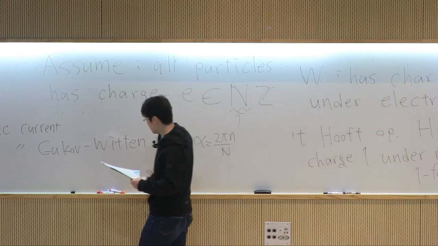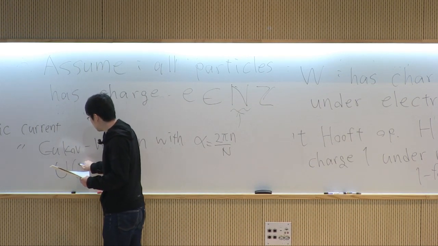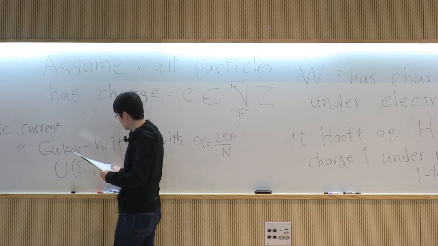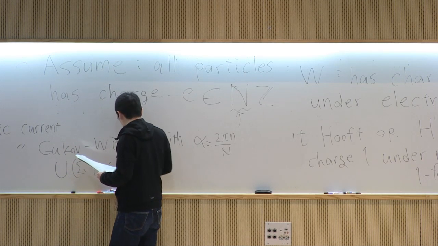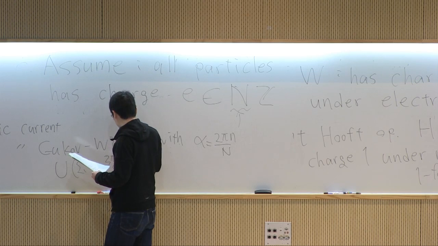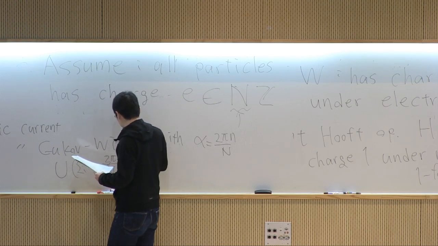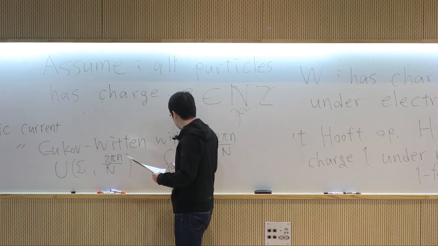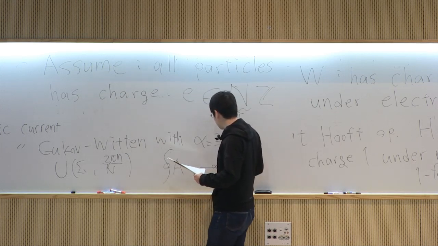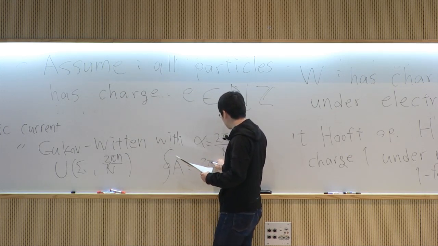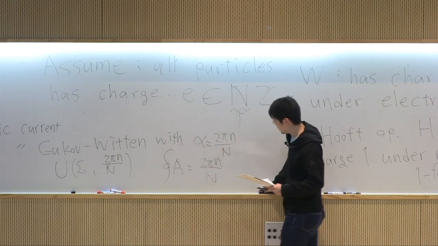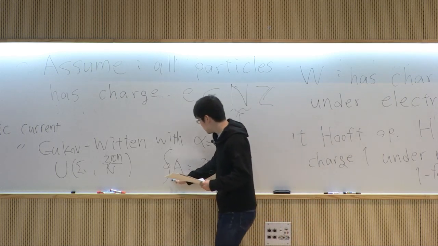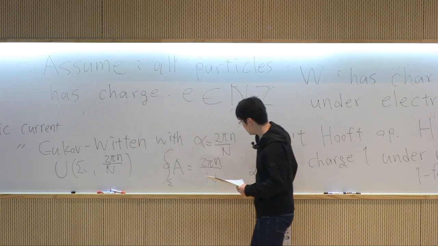So this means that I introduce this Gukov-Witten operator such that the holonomy is 2 pi small n over capital N around the surface sigma.